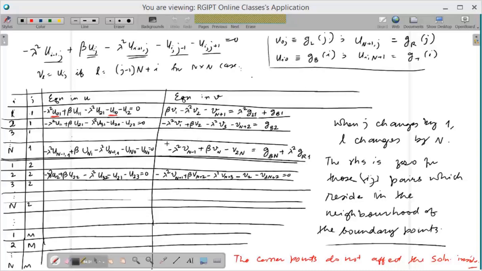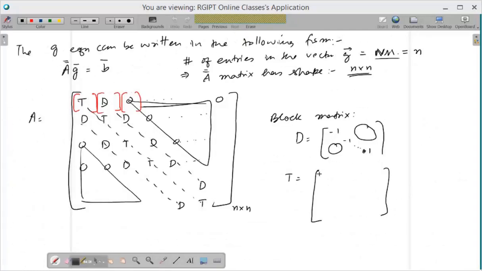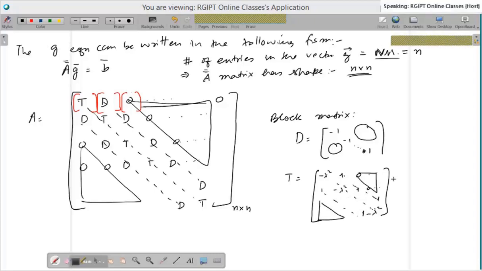Minus lambda 1. So that would be having a form that is minus lambda square, 0 each, and so on. Okay, that would be a tridiagonal matrix itself.